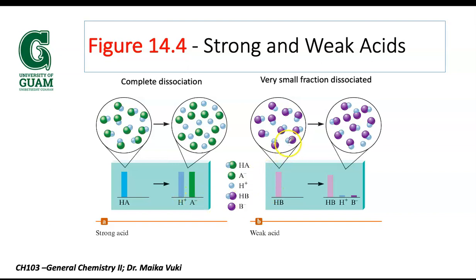Now let's take the HB. If it's a weak acid, you start off with this at the beginning, and guess what? You're still left with the majority of the product still HB, and only a small fraction are H plus and B minus.